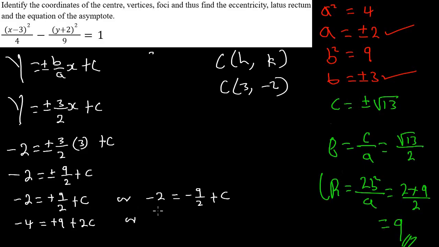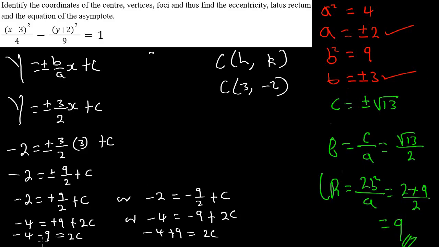Or minus 4 equals minus 9 plus 2c. Now, this 9 can come all the way to this side, and the minus 9 can do the same thing. Then we have minus 4 minus 9 equals 2c, and minus 4 plus 9 equals 2c.